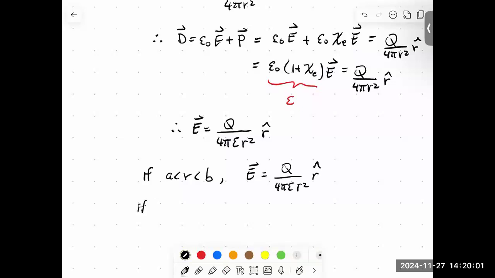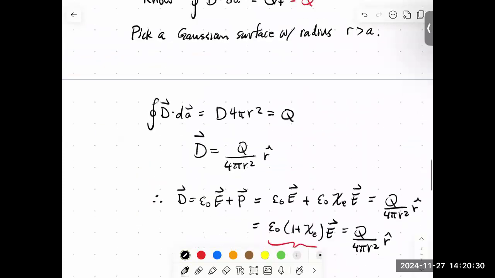If we're at a radius bigger than B, then epsilon is just equal to epsilon naught, and we recover the usual results. This permittivity is bigger than the free space permittivity, and so that means the electric field inside our dielectric is a little less.